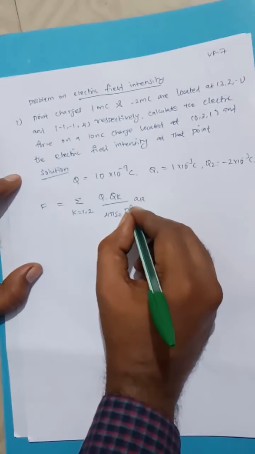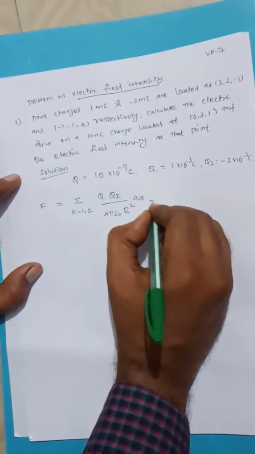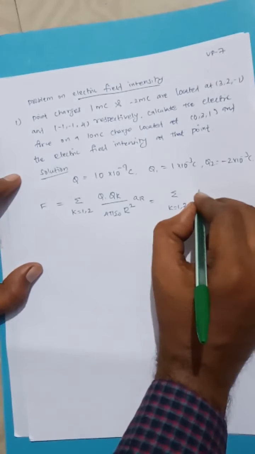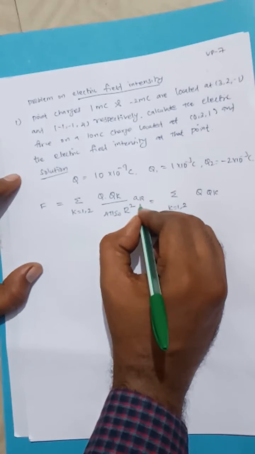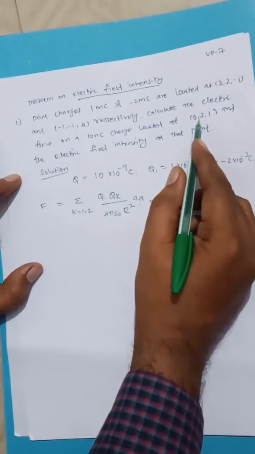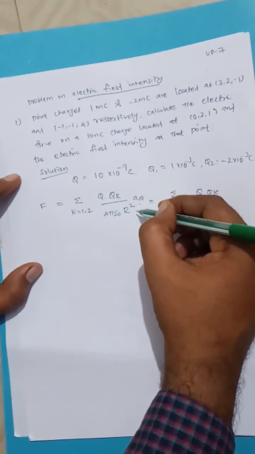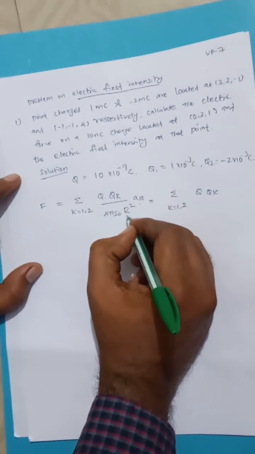You know that r is the modulus value, the root of that value. So this can be further simplified. You know that unit vector a_r equals R by modulus R, right? So R is the distance vector from the point (0, 3, 1) to the corresponding points, divided by that magnitude value.